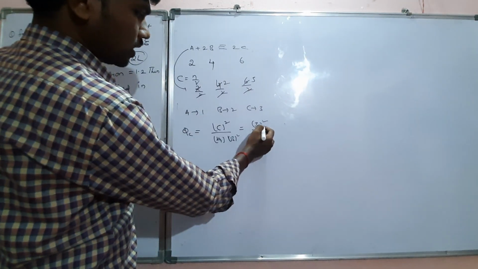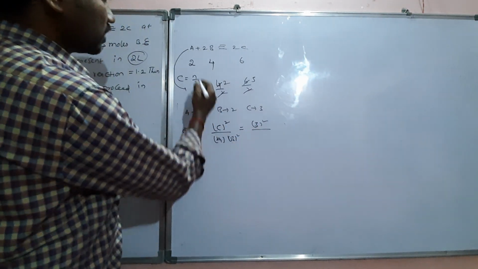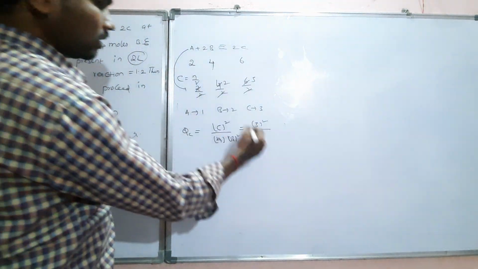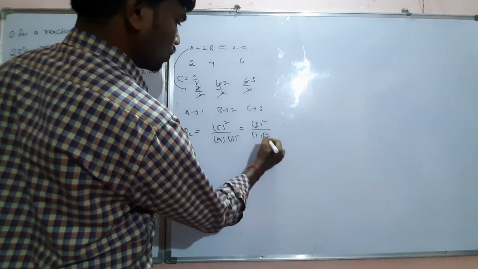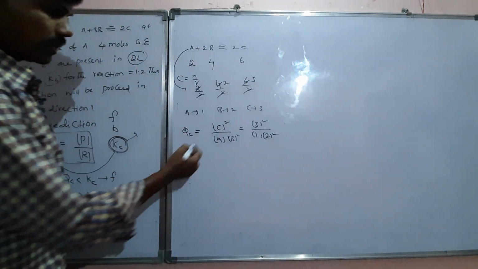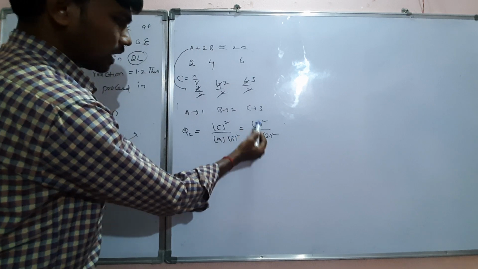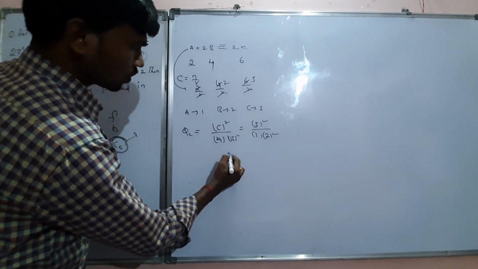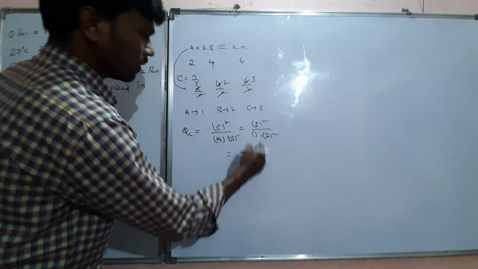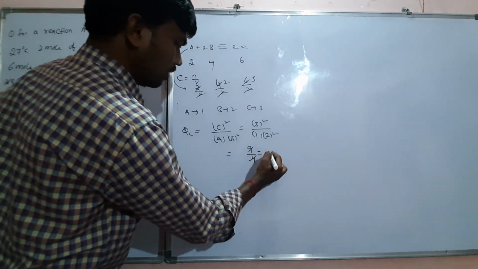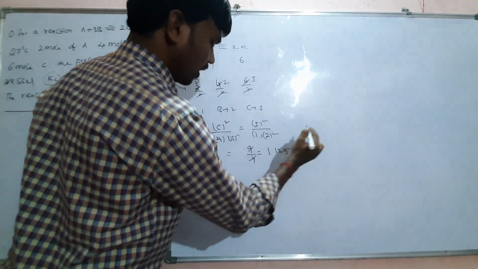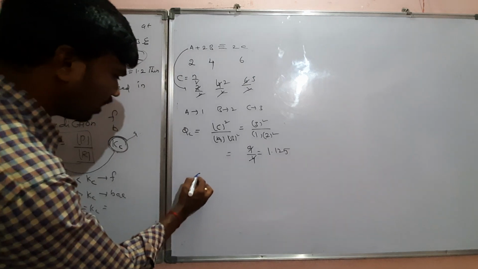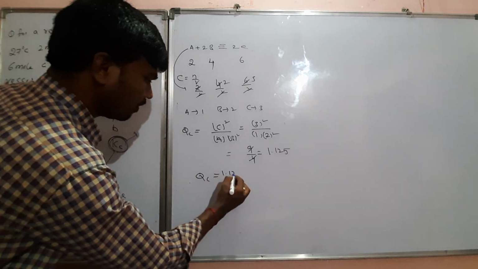So Qc is equal to 3 squared by A concentration 1 into B concentration 2 squared. Let me check whether I substituted right or not. C is 3, A is 1, and B is 2. So this is 9 by 4, which is 1.125. So the Qc value is 1.125.